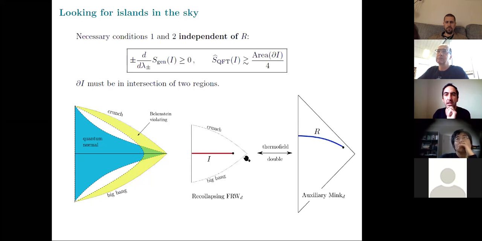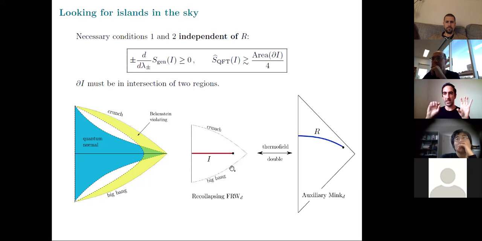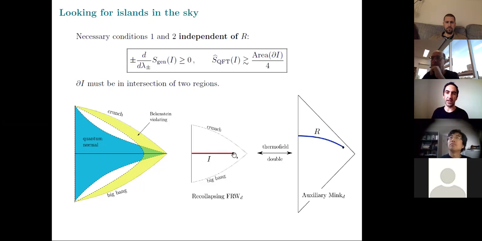It's a region that we called region G in the paper, but you could apply these various inequalities to the complement. It's a little bit more slippery to handle that third condition, because in this setup, it's perfectly reasonable to consider the complement of region I, it's just the rest of the space-time. But in something like a black hole space-time, where region R and I are in the same space-time, you need to figure out what to pick as this region that's connected to I, but is not really connected to R. And part of making that condition as constraining as possible requires picking that region outside of region I in a clever way.